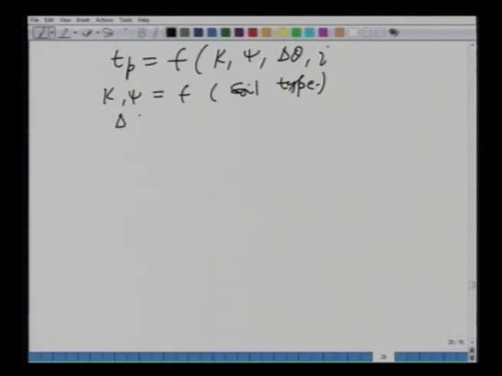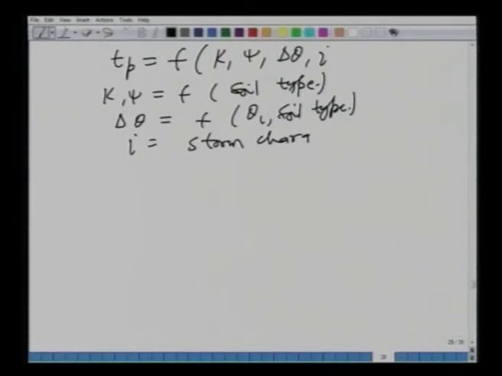Delta theta is a function of theta I and also the soil type, so it depends upon the initial conditions, and I of course is the storm characteristic. So the time to ponding depends upon soil type, the initial conditions and also the storm characteristics.